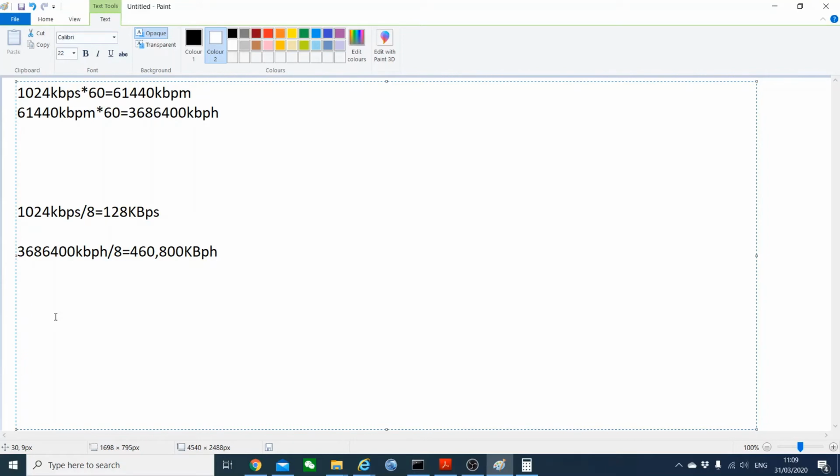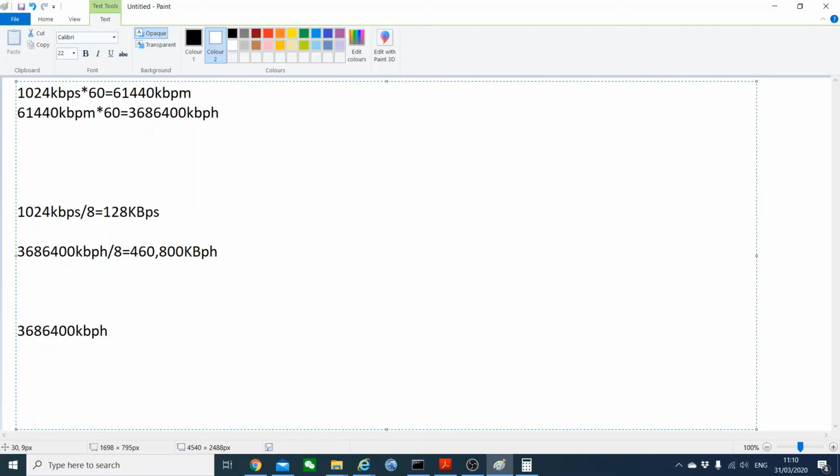Now, whenever we want to go from kilobit to megabit, or from kilobyte to megabyte, we will use exactly the same method. We are going to divide the kilobits by 1024 in order to get into the megabits. So, for example, we know that we have 3,686,400 kilobits per hour.